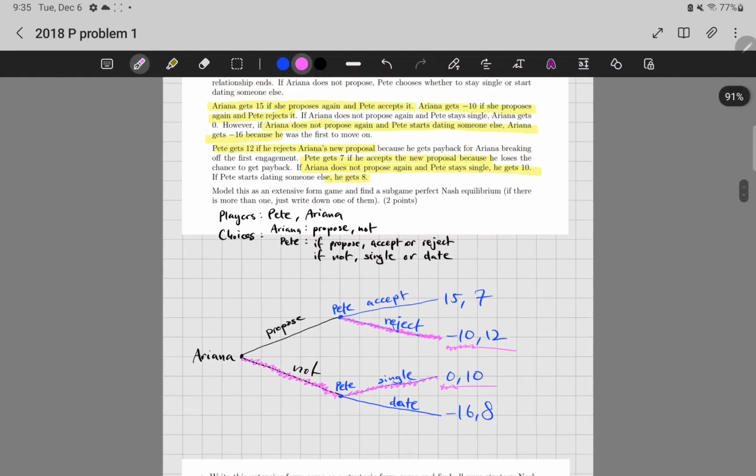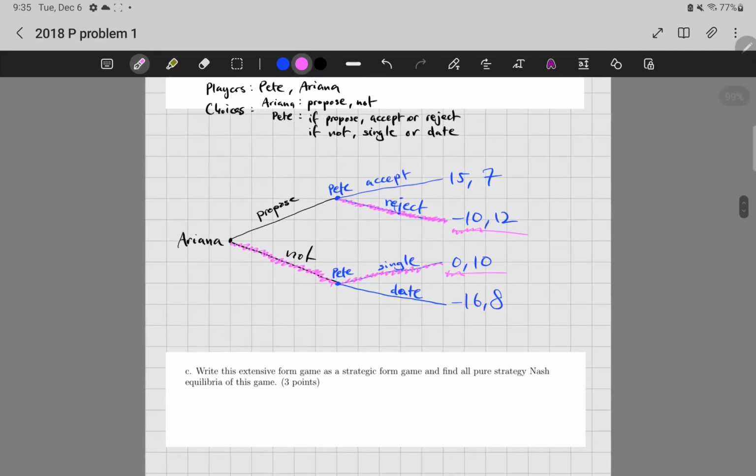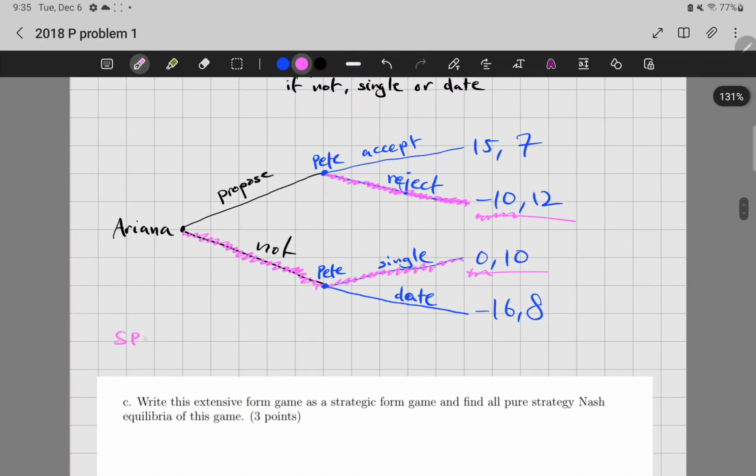This is the subgame perfect Nash equilibrium. To write this, we can say that the subgame perfect Nash equilibrium is to not propose for Ariana, and if she proposes, he rejects. And if she does not propose, he stays single.